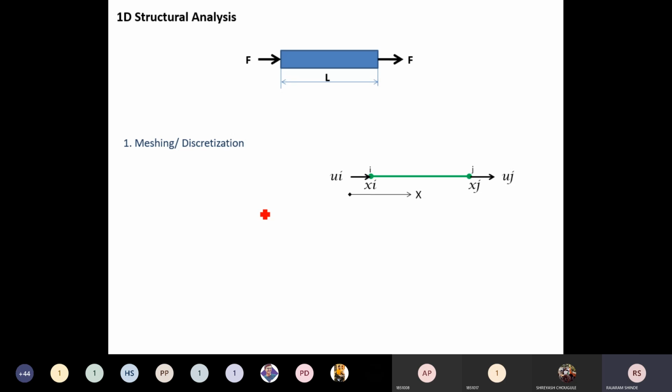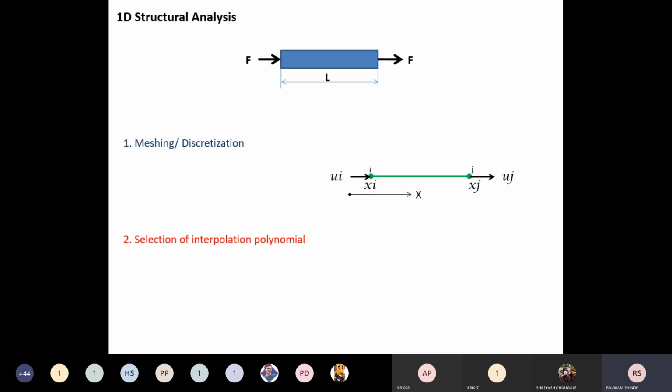After discretization, your next step is selection of interpolation polynomial. Here in selection of interpolation polynomial we also have a second unit totally on it. Here I will derive a simple interpolation polynomial.